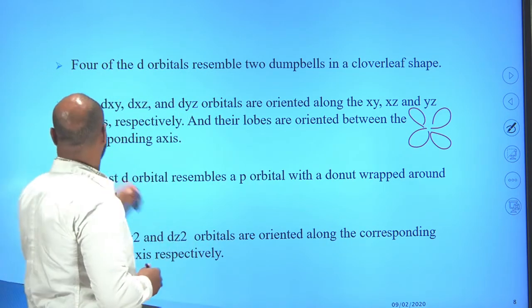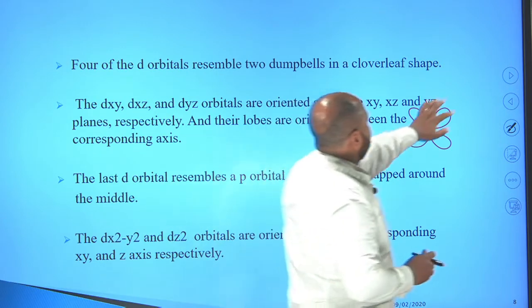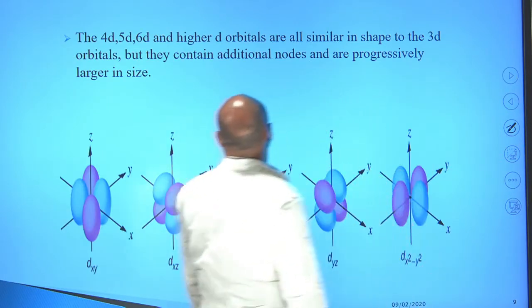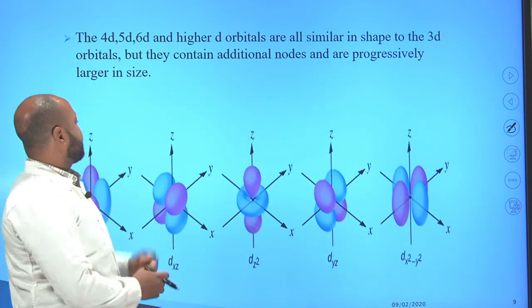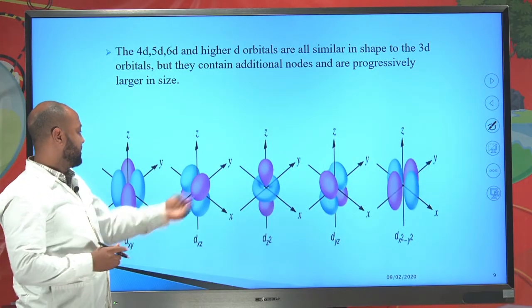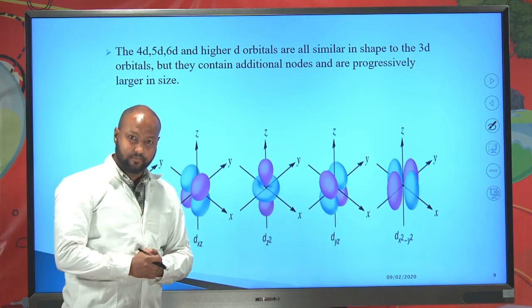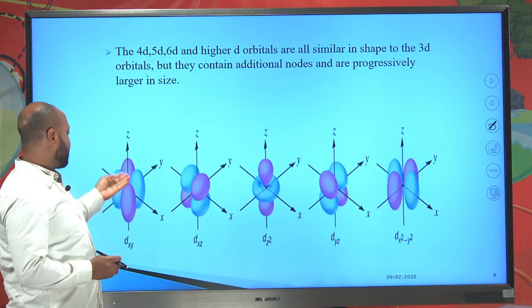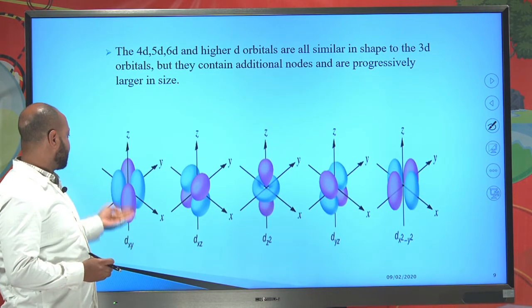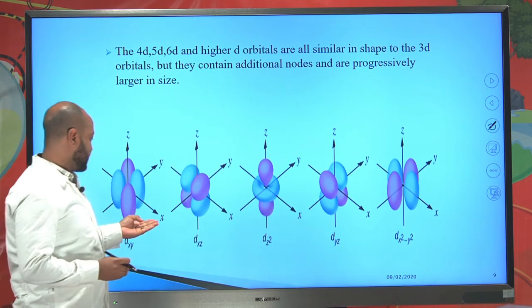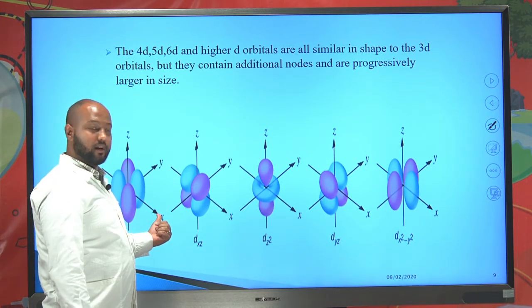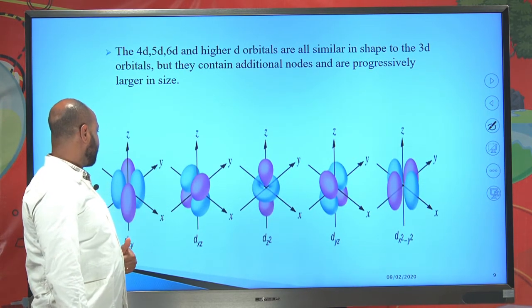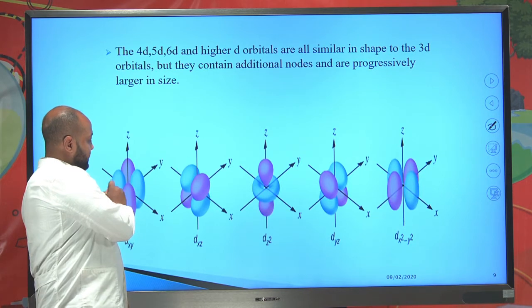Let me show you the picture. The 4D, 5D, and 6D. These are the 5 D orbitals generally. For dxy, this is the x-axis and this one is the y-axis. It is between the axes.